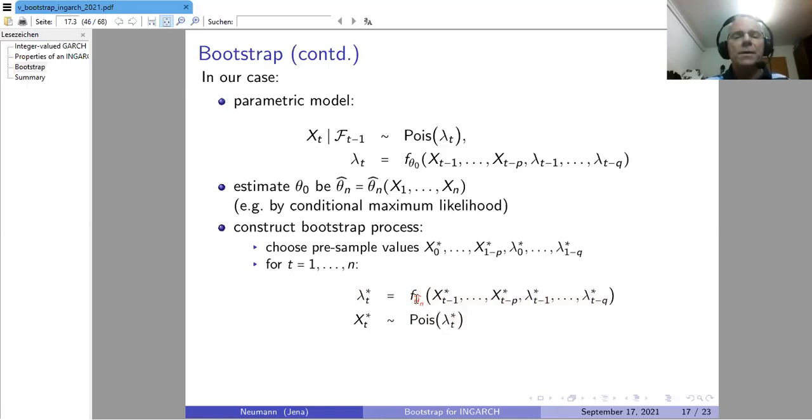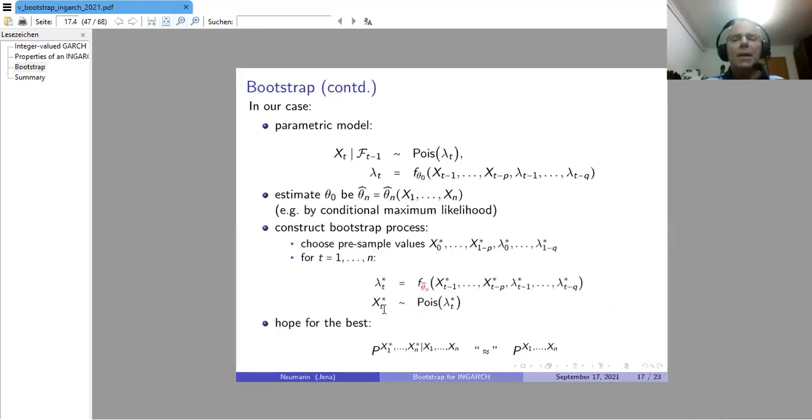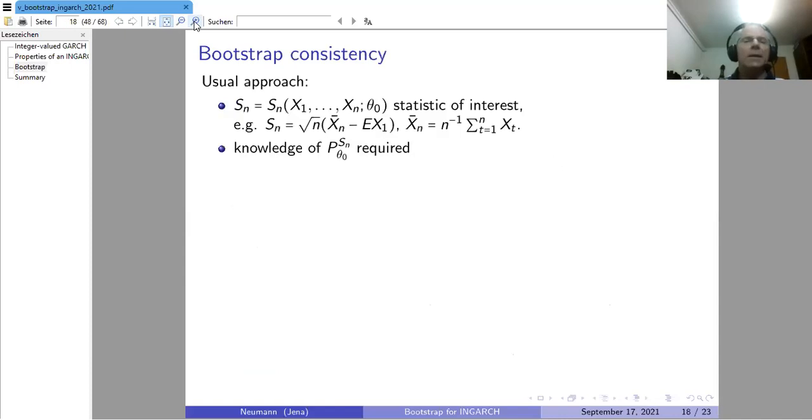This time, of course, with the estimated parameter, because theta 0 is unknown, and Xt star is generated according to a Poisson distribution with this intensity. And now, as usual, we hope for the best. We hope that the distribution of this artificial process approximates the distribution of our original process in an appropriate way.